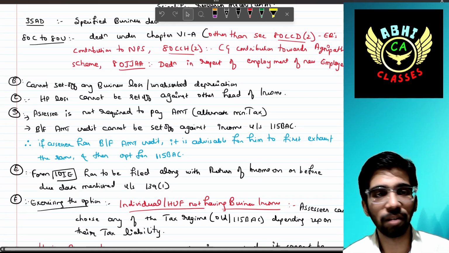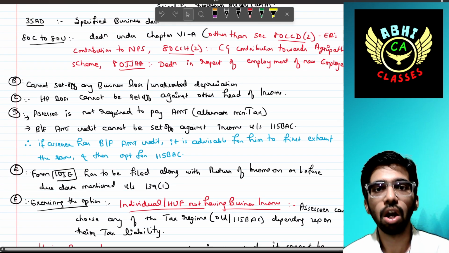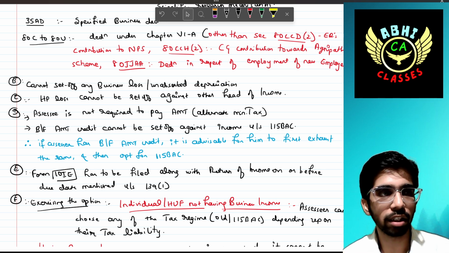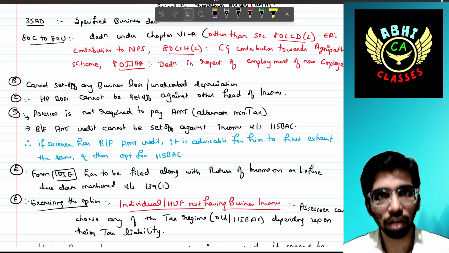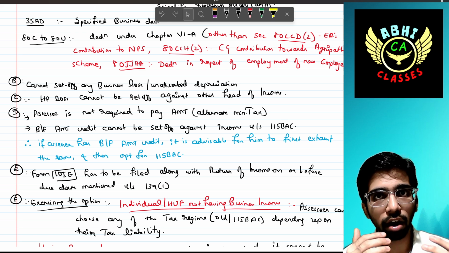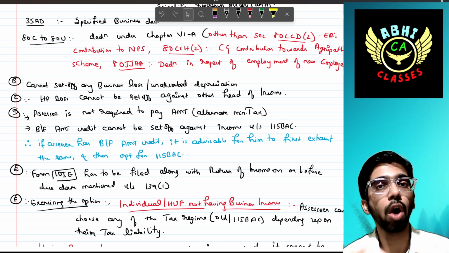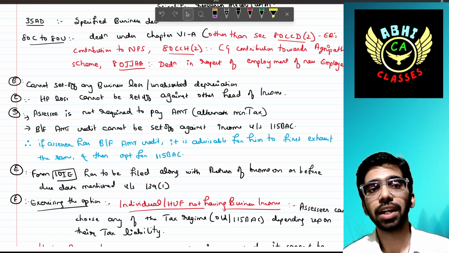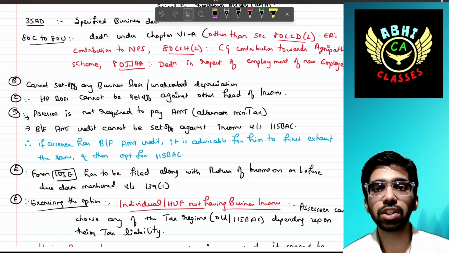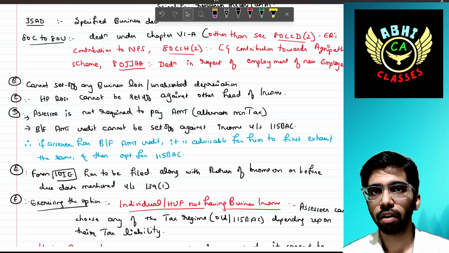Another point is that you cannot set off any business loss or unabsorbed depreciation. If you have a loss in another head of income, you cannot set off that loss against any other income if you opt for this section. And next, house property loss cannot be set off against any other income.